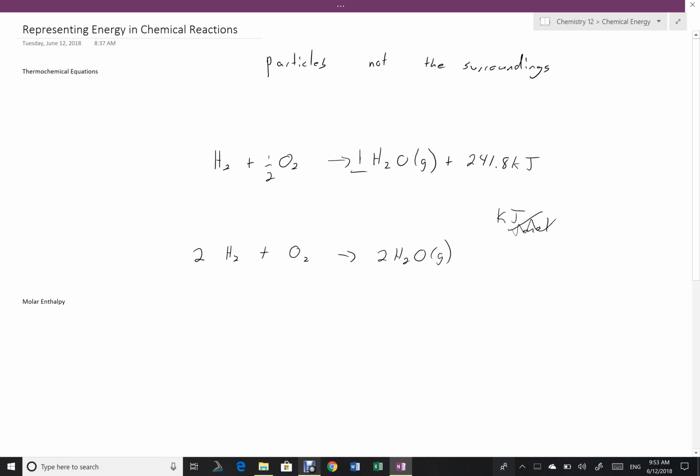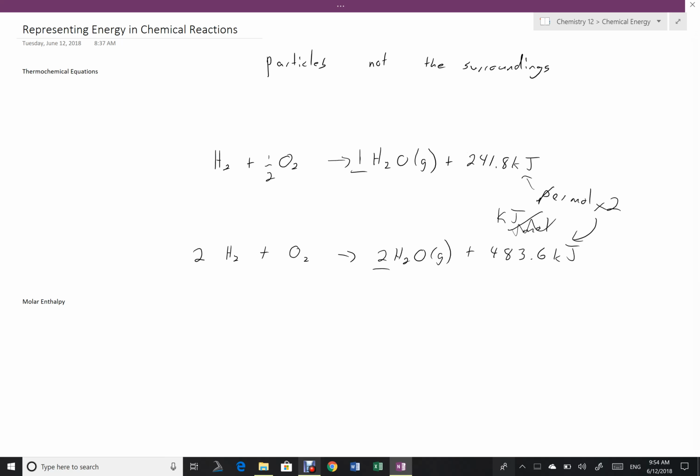But if I did that, and I was looking at the amount of water vapor that's being produced, of course I would have to have 483.6 kilojoules, because if this is how much I have per mole, and then I have 2 moles, then I would have that amount of energy produced in that reaction.